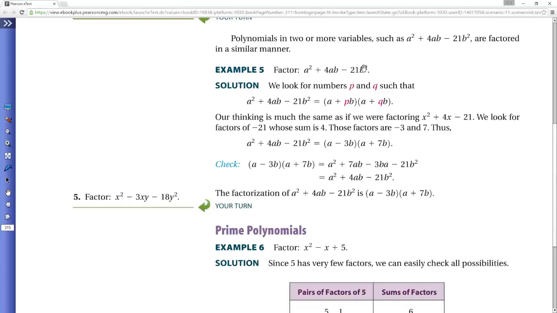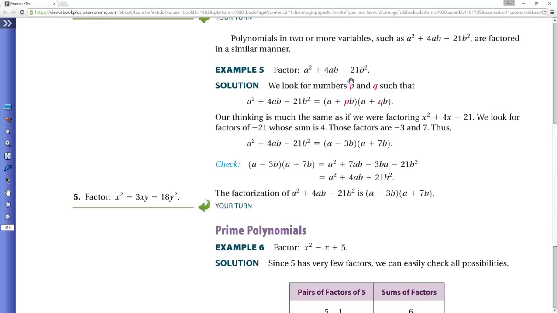really if I see that and I realize this, the process is the same. I'm just going to work with that negative 21 to find factors of negative 21 that will give me a sum of 4. Now this might throw you a little bit because really what I have is not 4b or 4a.